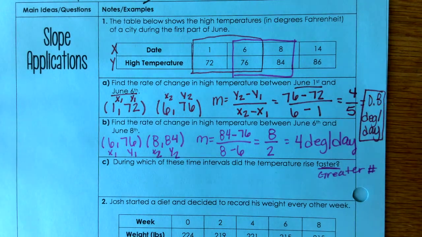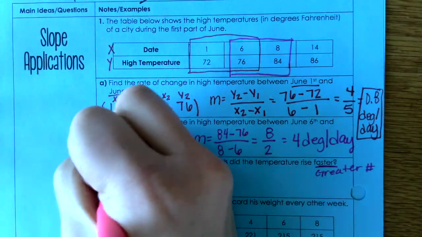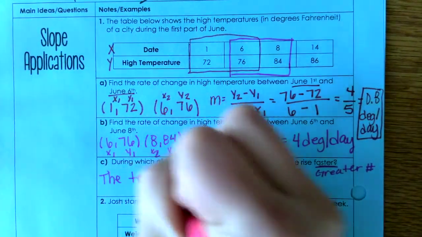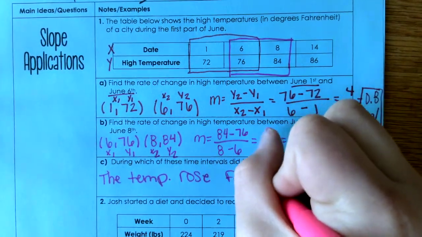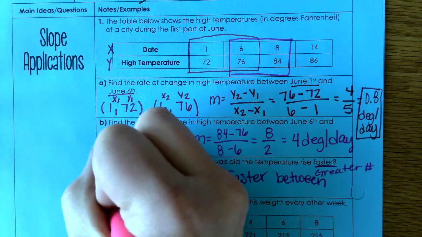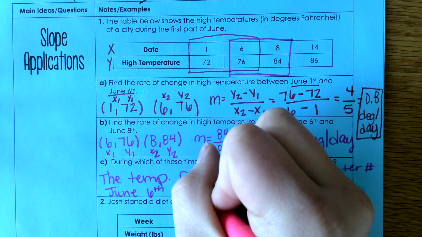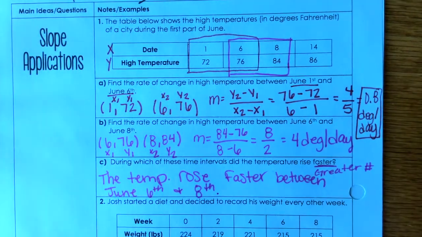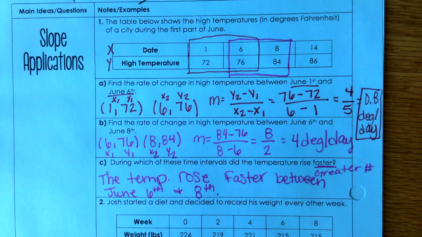And the greater number between A and B would be option B. So the temp rose faster between June 6th and June 8th. So you can just put the 8th, because between the 1st and the 6th, it only rose 0.8 degrees every single day. But between the 6th and the 8th, it rose 4 degrees each day.